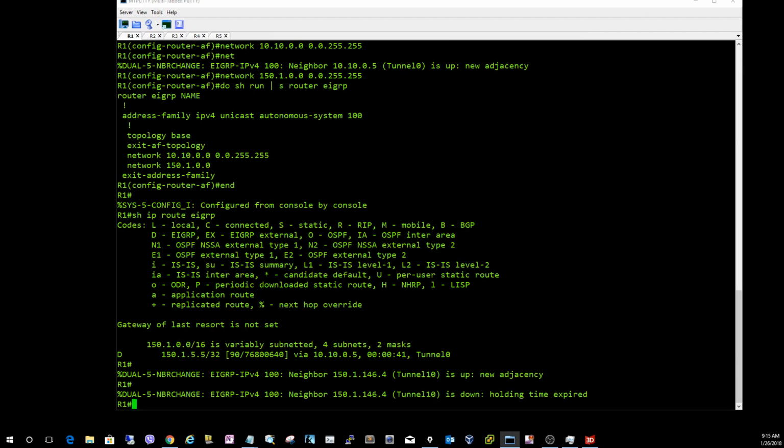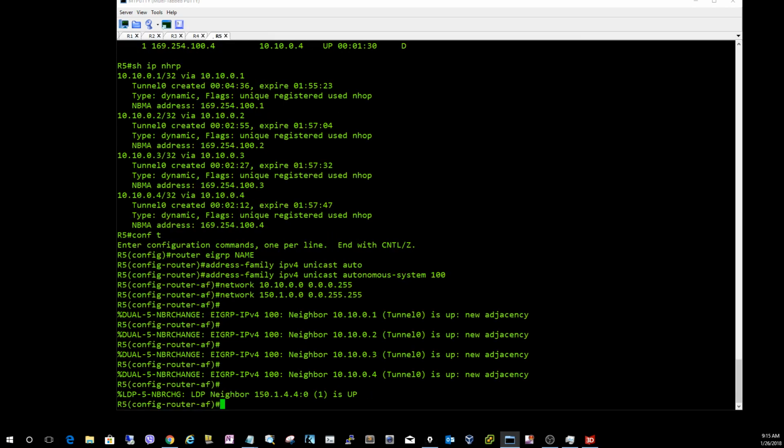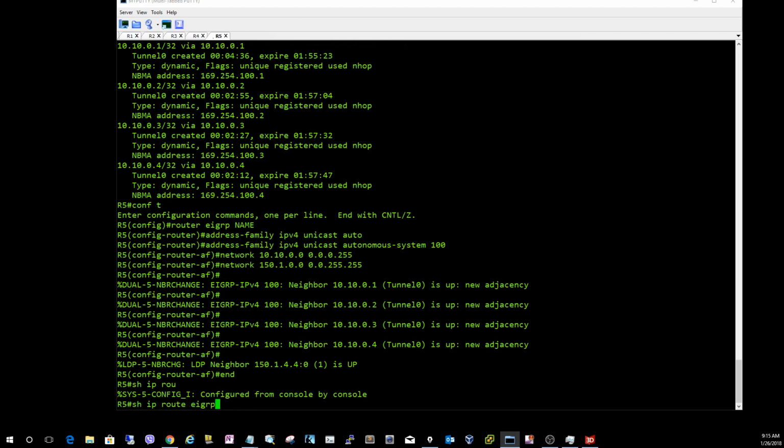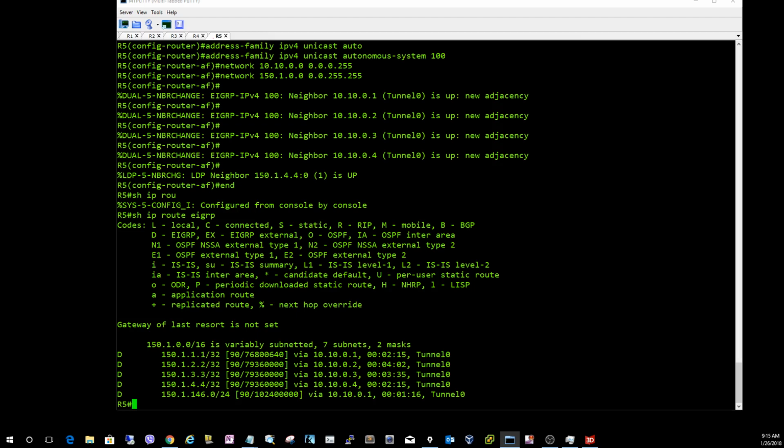If we go to router 1, it's the same thing. It's only learning the loopback of router 5. But from router 5's perspective, if I do show IP route EIGRP, it has learned all the other loopbacks from each spoke.